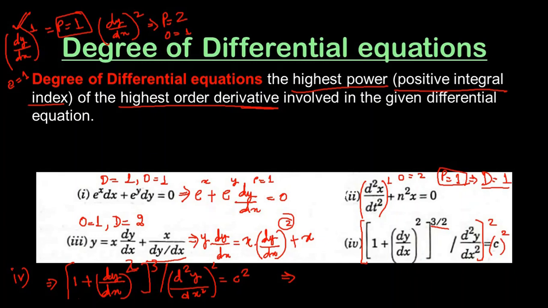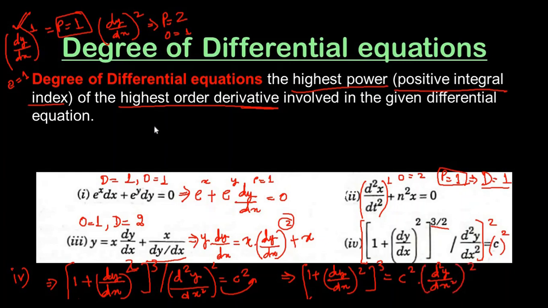We are not done yet because this term is also a derivative term and it is in the denominator. So we need to bring it into the numerator to calculate the degree correctly. So this will be written as (1 plus (dy by dx) square) whole cube equal to c square (d square y by dx square) whole square.